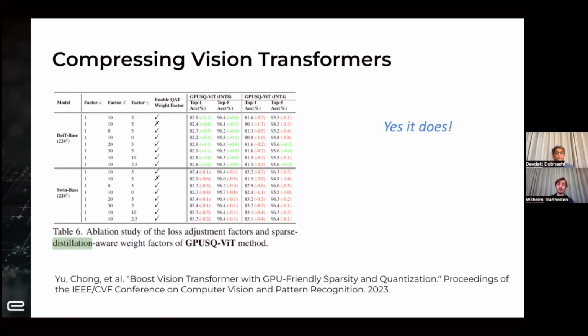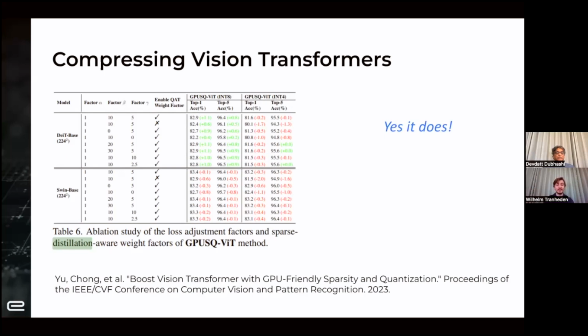And obviously, if we put this to a value of 0, that would mean that we have no feature-based knowledge distillation. And if we take a look at this row where factor gamma is 0, we can see that the performance actually is quite low compared to the rows where the factor gamma is more than 0, right? So where it's 5, 10, or 2.5.